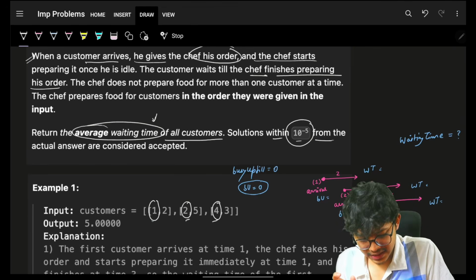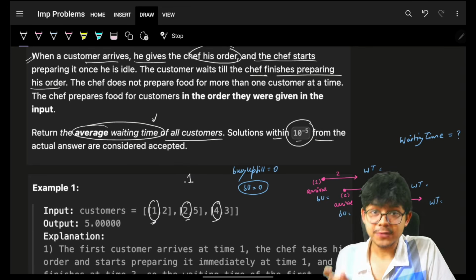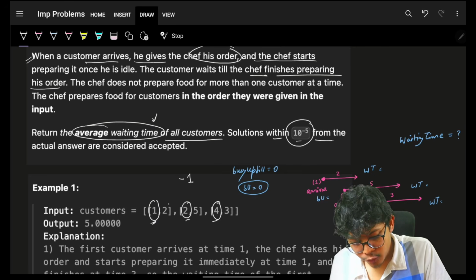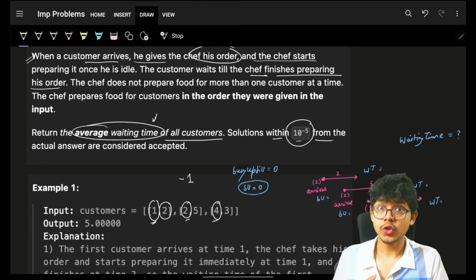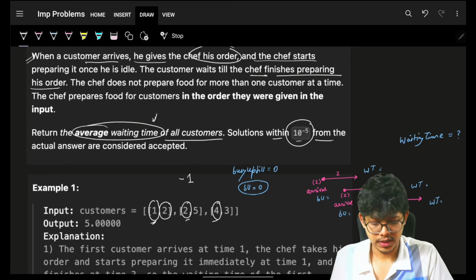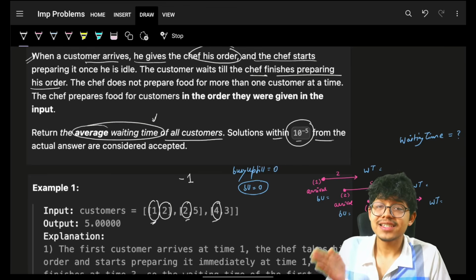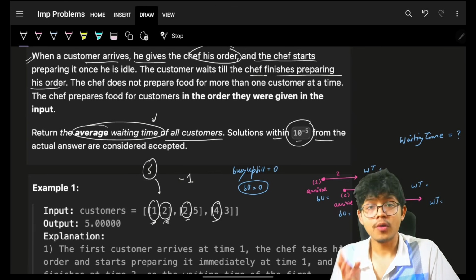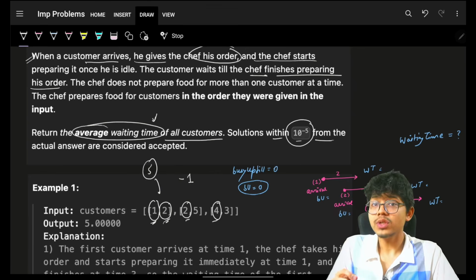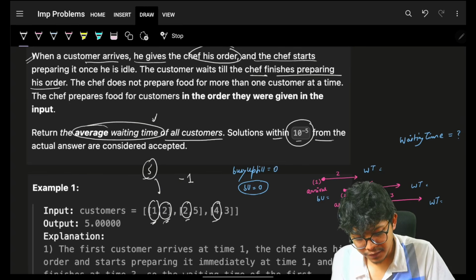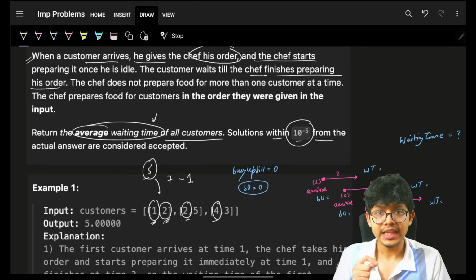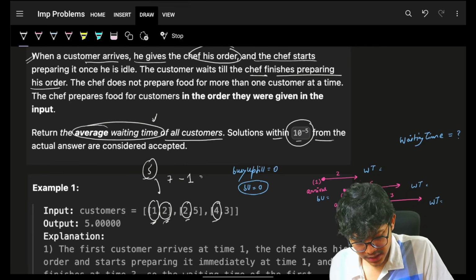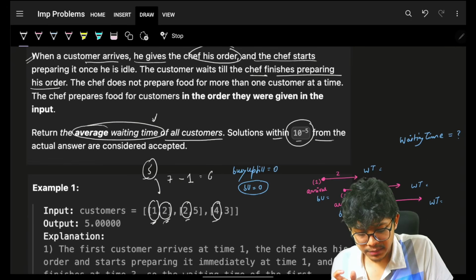So technically the customer who came at 1 was expecting the food at 1, but because the food will take this much time to be prepared, and say the chef started preparing the food at time 5, and it will take two units of time, the customer actually got the food at 5 plus 2, which is 7. He got it at the 7th second or 7th minute or 7th hour, which gives the waiting time as 6.